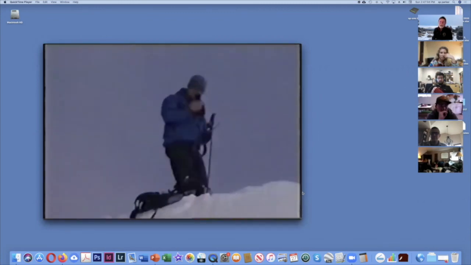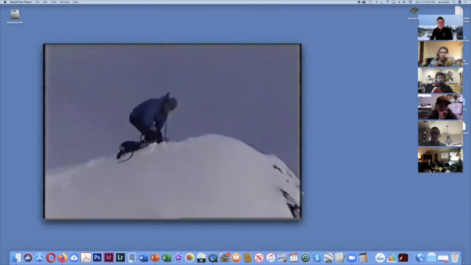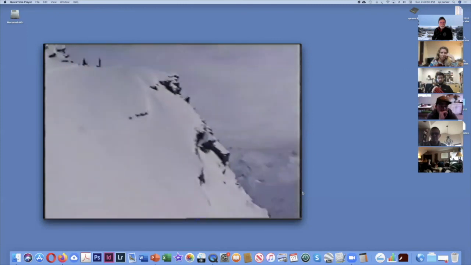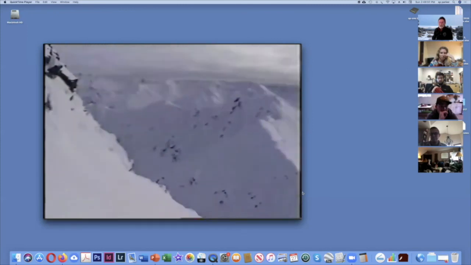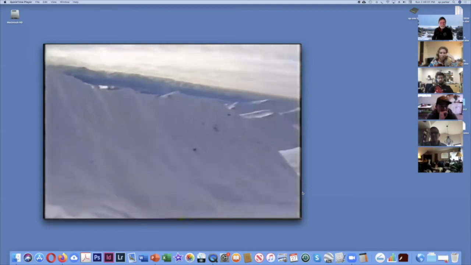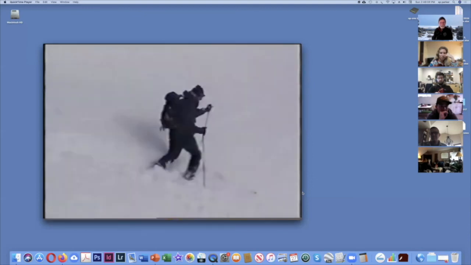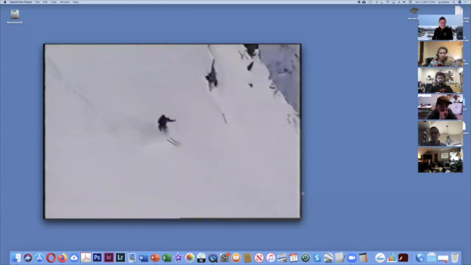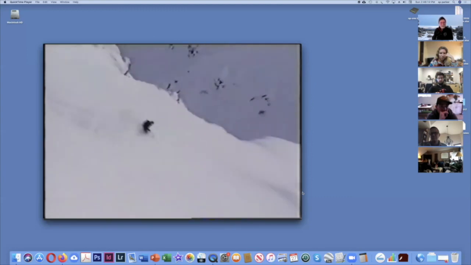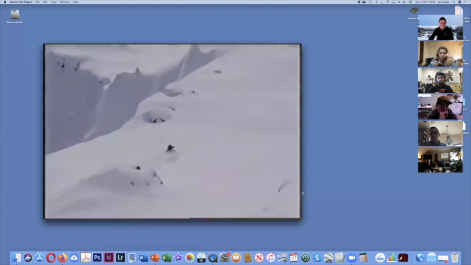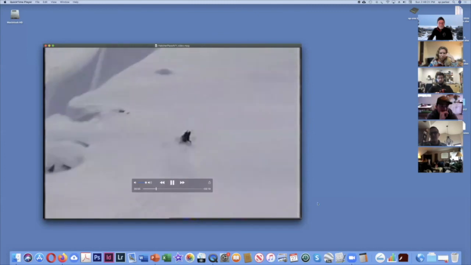A lot of snow machines at Hatcher Pass. Decent snow. Nice day. Yeah. First skier here. Skiing pretty good. You can hear the snowmobile.